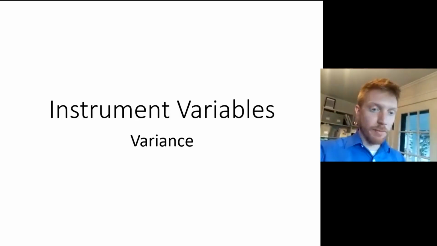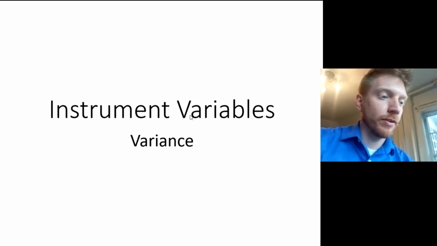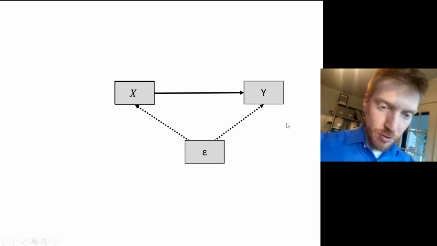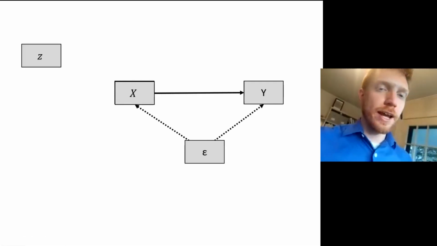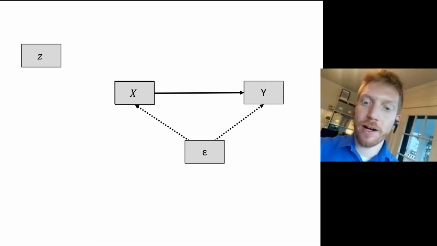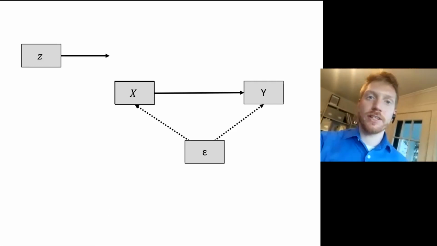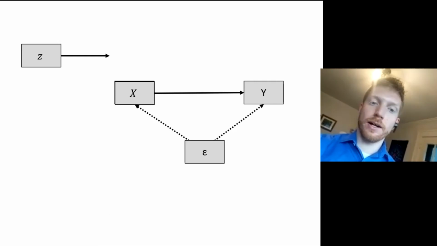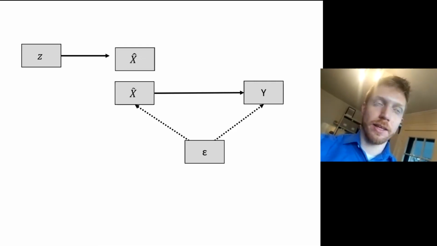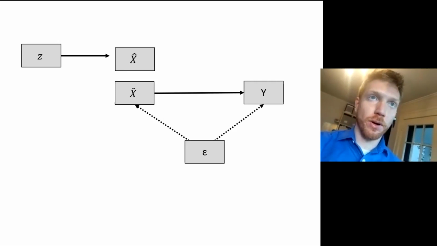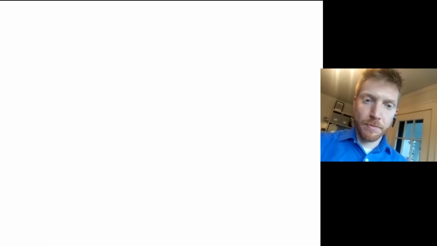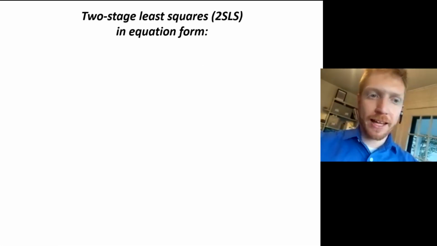So when we're talking about the instrument variables variance, just as a reminder, here's our setup. We have our instrument Z that we're separating out our X into an exogenous component, X hat, and we're left with the endogenous component, which we will just leave with the error term. In equation form, I added a little bit here.